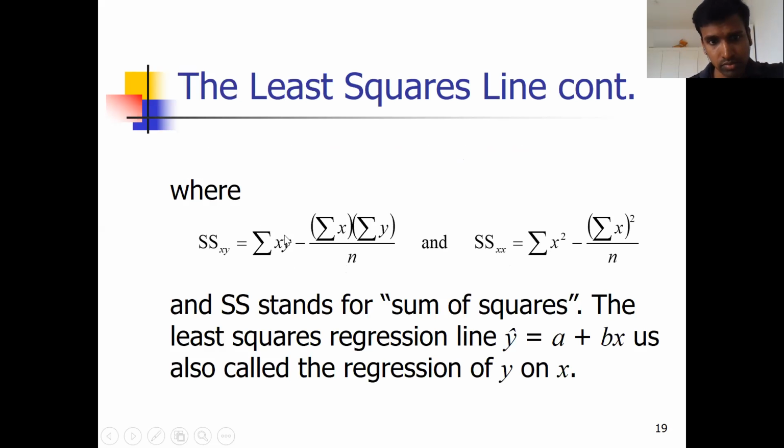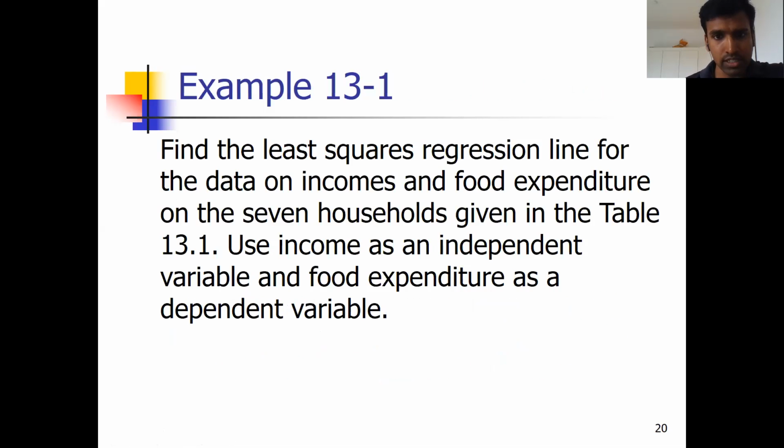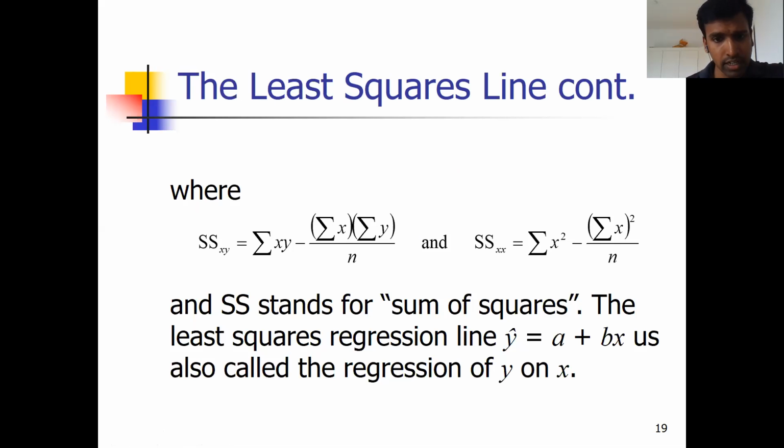If you want to find the sum of squared errors of x with x, it is the sum of x squared minus the square of the sum of x divided by n. This is how you can compute SS xy and SS xx, and then find the value of b. Once you find that, it will be easy for you to compute a and b.